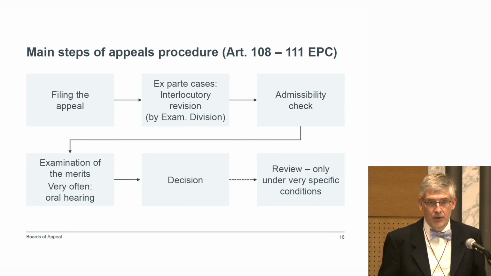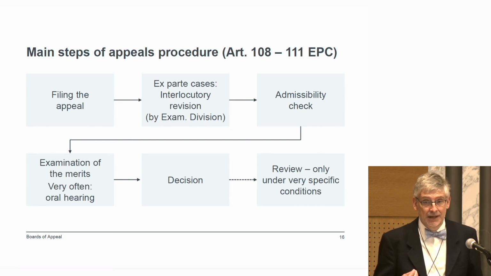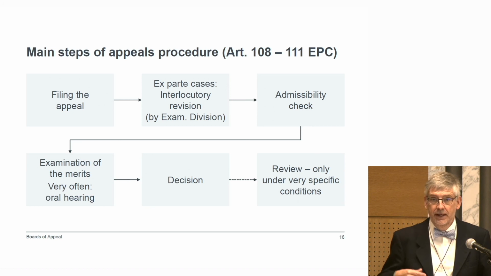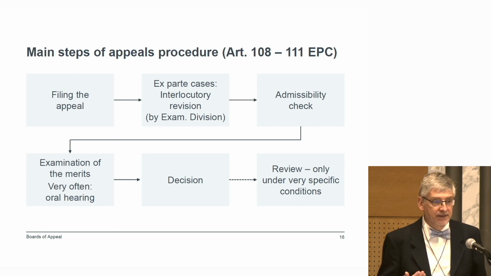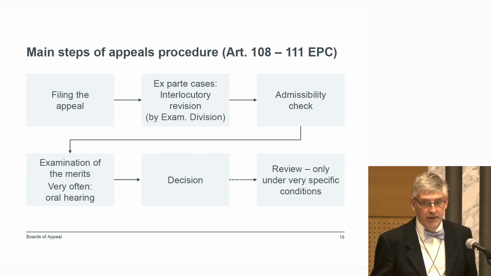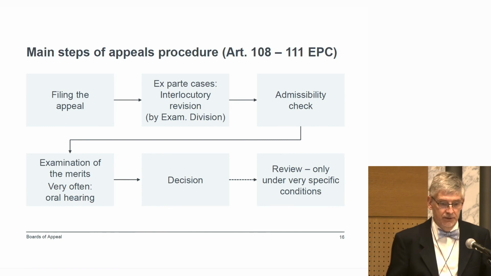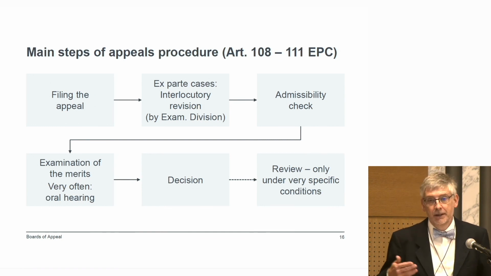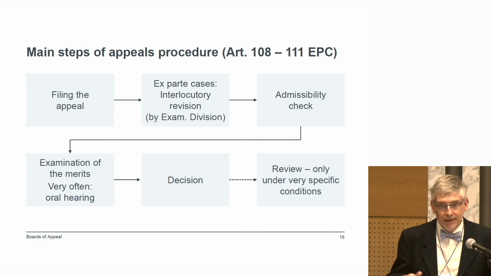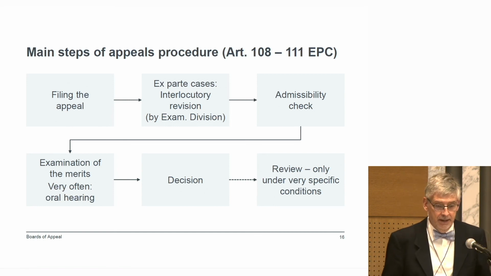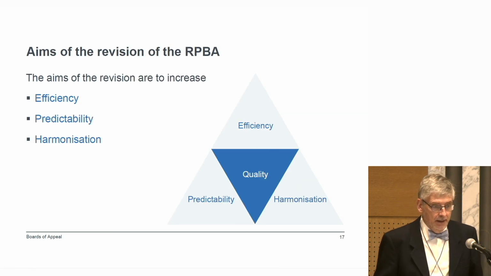In almost 100% of the cases, the order of the decision is already announced at the end of the oral proceedings, and only afterwards the fully reasoned decision will be notified to the parties, potentially with the additional petition for review if a petition for review is filed at all.